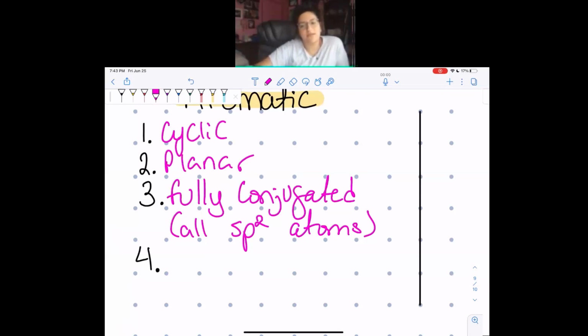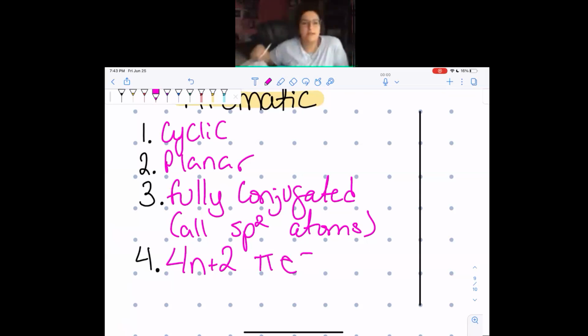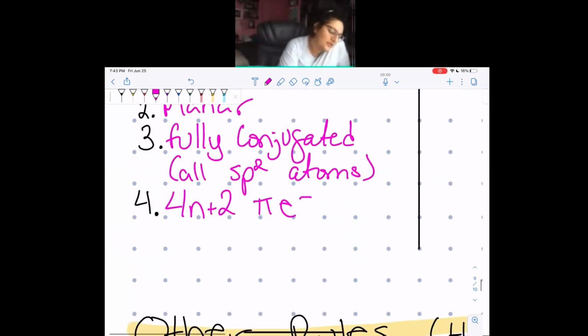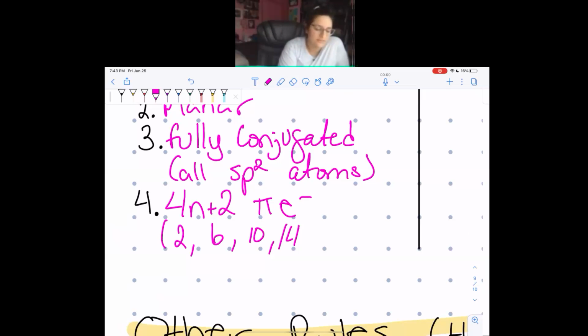The last rule is something we called Huckel's rule, and Huckel's rule states that you need 4n plus 2 pi electrons to be aromatic. 4n plus 2 sounds stupid. And so what I'm going to tell you is just know anything with 2, 6, 10, 14, etc. electrons is going to be aromatic.